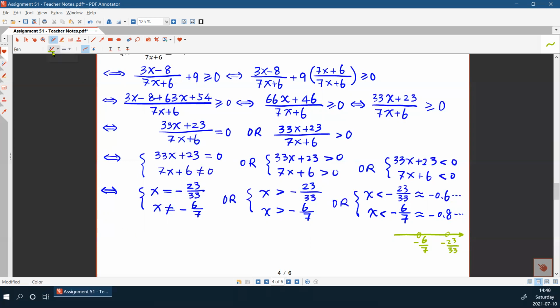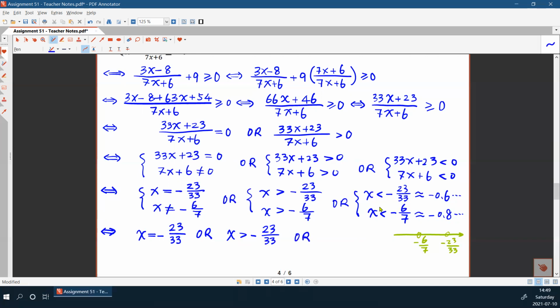Okay, so let's combine the three solutions here. First of all, x can be minus 23 over 33. Second branch is x must be greater than both of the two numbers. Combined result is x must be greater than the greater number, which is minus 23 over 33, right?